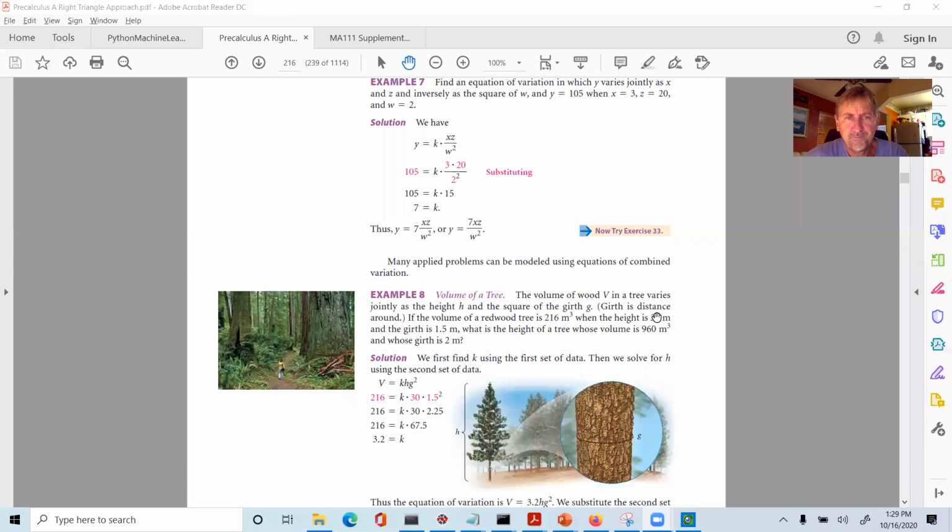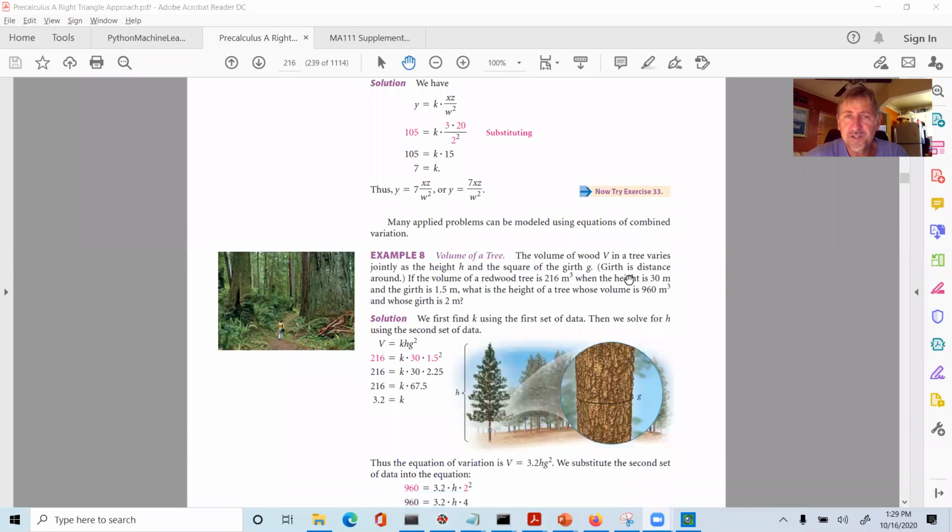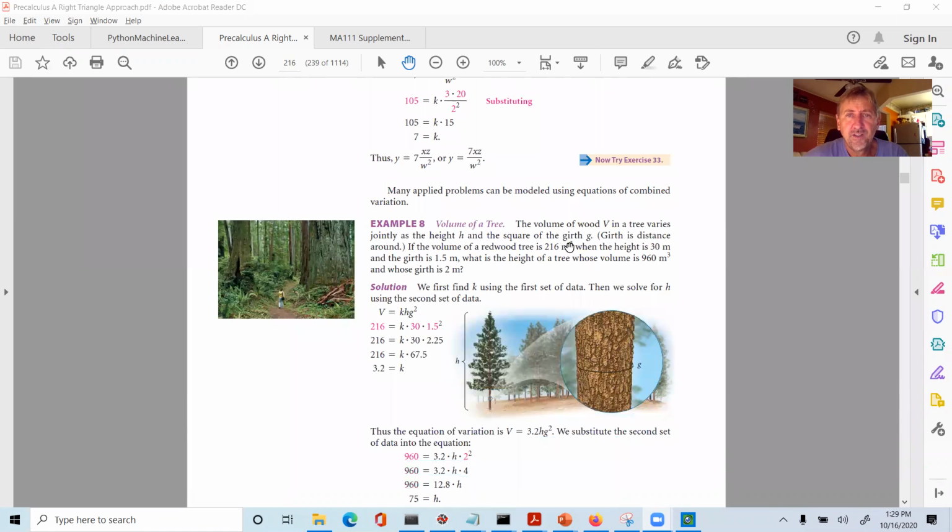Okay. Volume of a tree. This is pretty cool. The volume of wood V in a tree varies jointly as the height and the square of the girth. Girth is the distance around, like the circumference. Okay, so let's draw that out here.